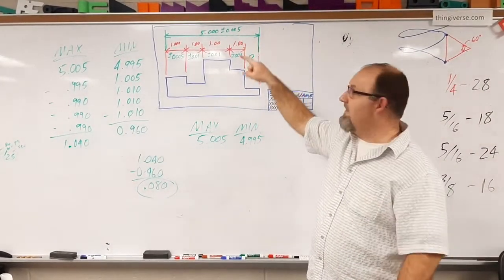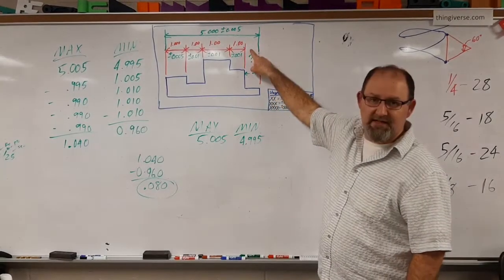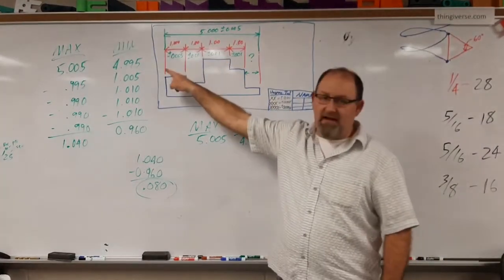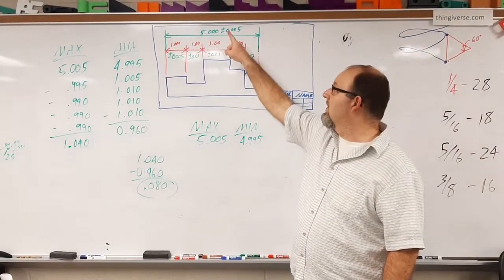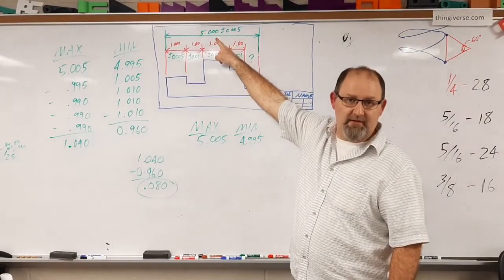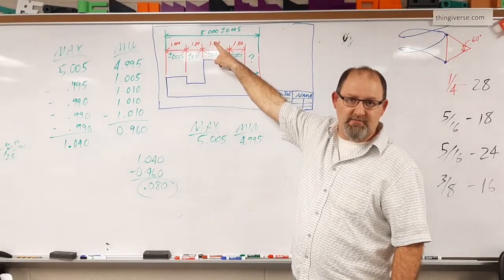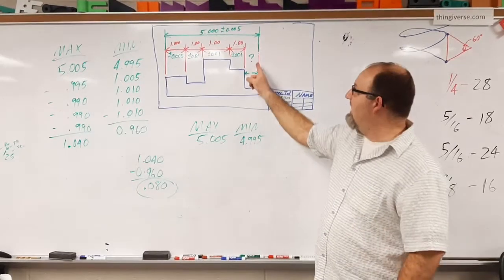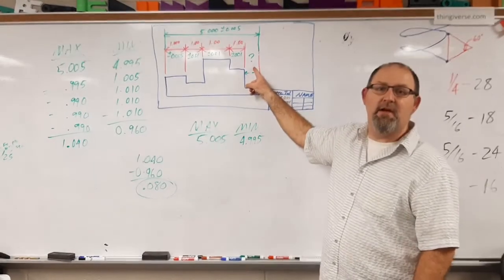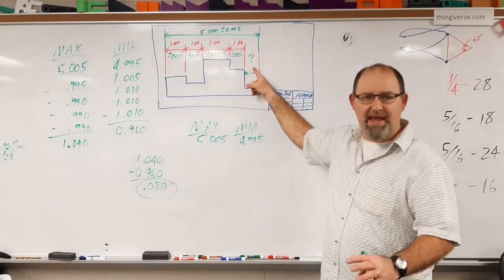The reason for that is because if you have a dimension in here and you add up all the tolerances of all 5 of these dimensions, they will err with your dimension and tolerance for your overall dimension. So that's why you never add in that last dimension for machine or mechanical design.